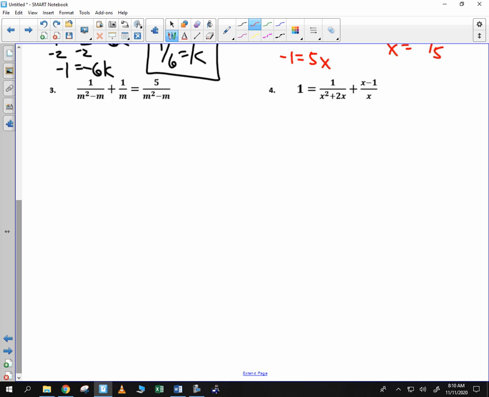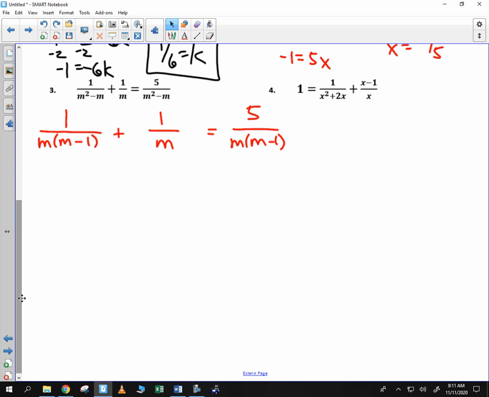Sometimes you may have to set up a little bit of a factoring option. Here we have 1 over m times m minus 1 plus 1 over m equals 5 over m times m minus 1. I'm going to multiply the top and bottom by m minus 1.